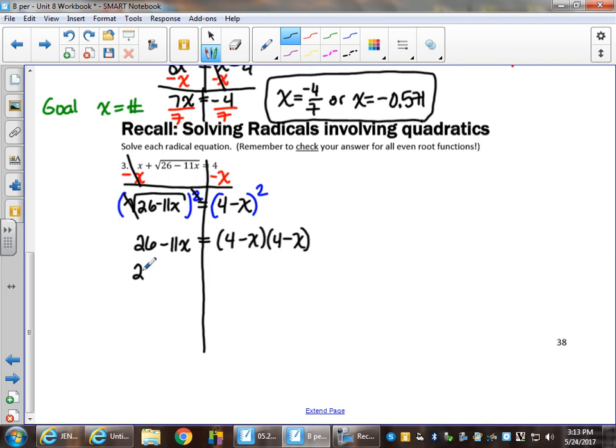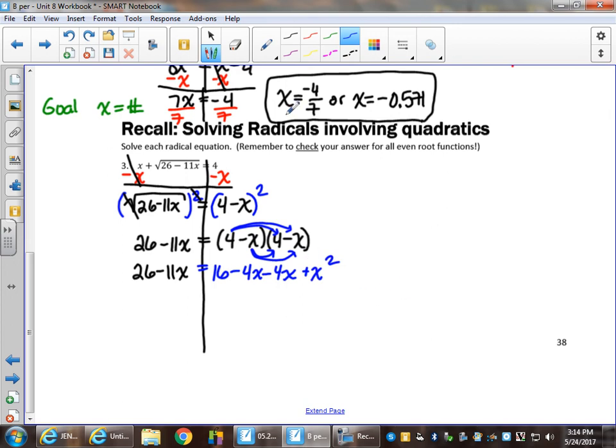The left side will stay 26 minus 11x, and I'm going to use my arrows to distribute. So 4 times 4 is 16. 4 times negative x is minus 4x. Negative x times 4 is minus 4x. And negative x times the negative x is a positive x squared.